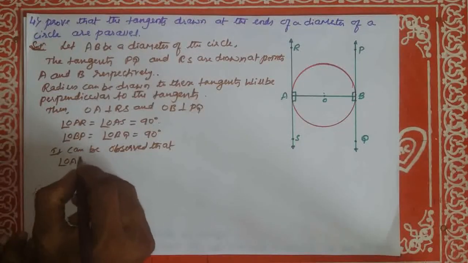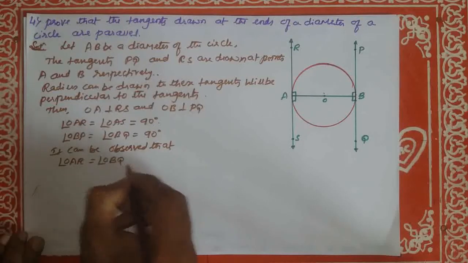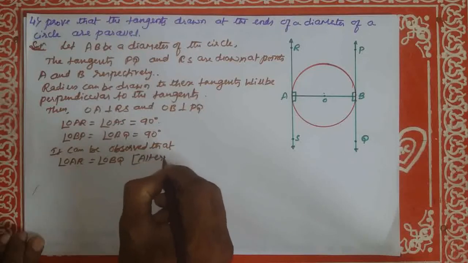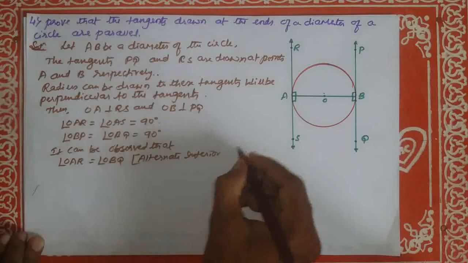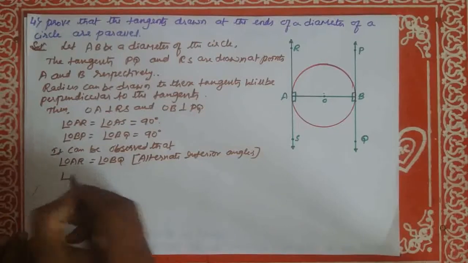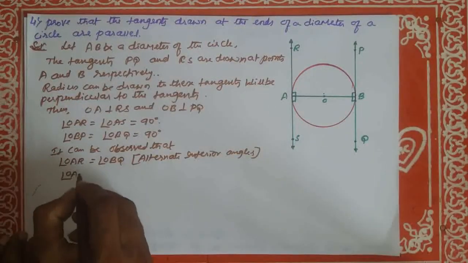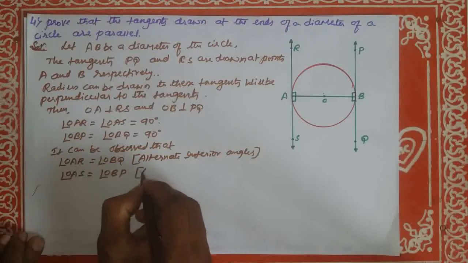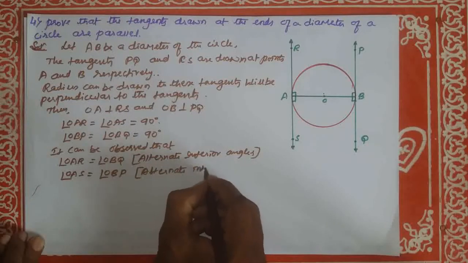Alternate interior angles are equal. Next, angle OAS is equal to angle OBP. This is also alternate interior angles.